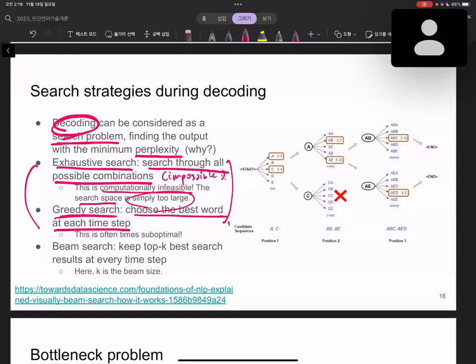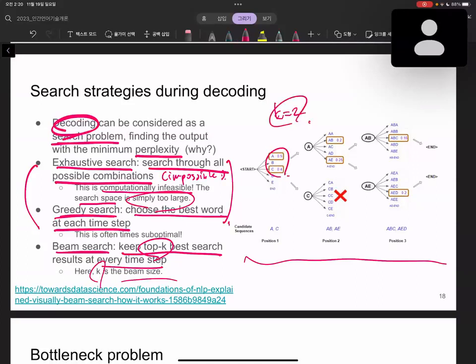So to address such limitation of greedy search, beam search is used. What is beam search? Beam search keeps the top K best search results at every time step, and K is the beam size. In this figure, this is the beam search example. Imagine that K is equal to 2.